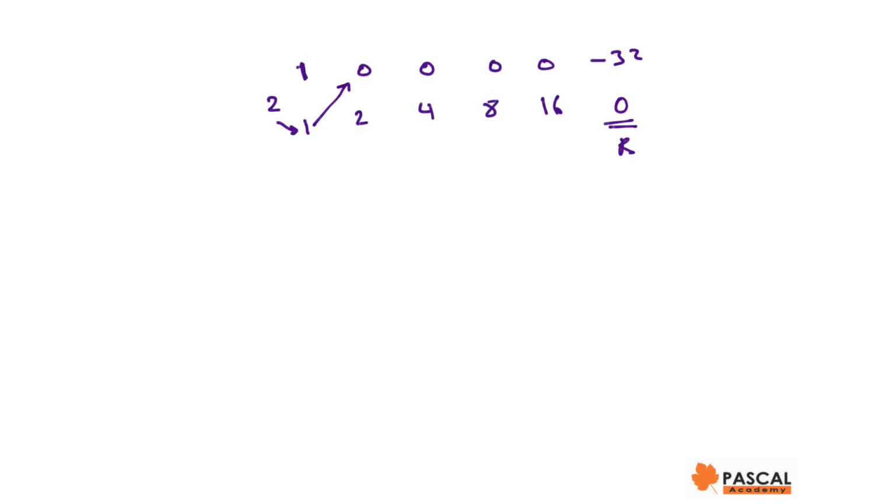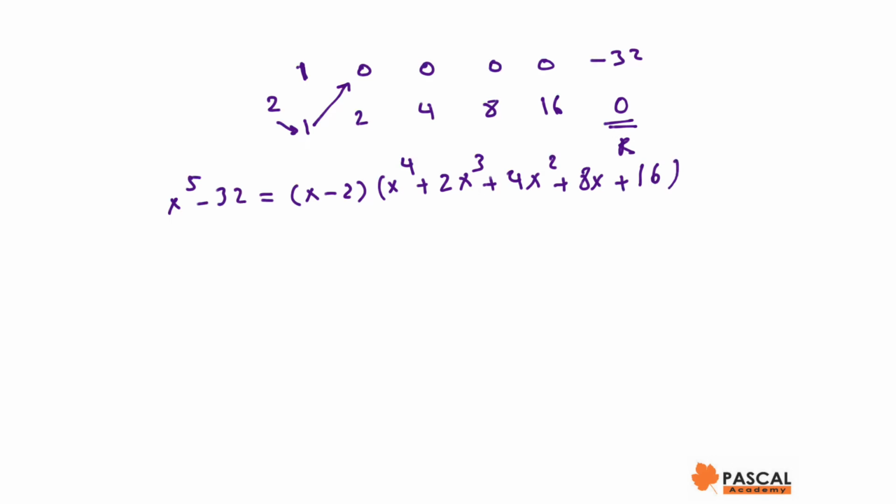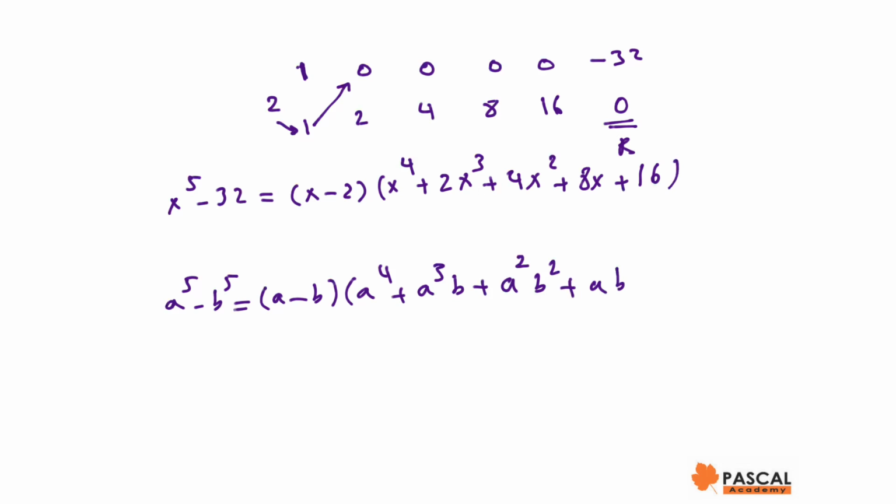The quotient is x^4 plus 2x^3 plus 4x^2 plus 8x plus 16. With the identity that we had for a^n minus b^n, when n is 5, we can do it another way. a^5 minus b^5 is (a minus b) times (a^4 plus a^3b plus a^2b^2 plus ab^3 plus b^4).